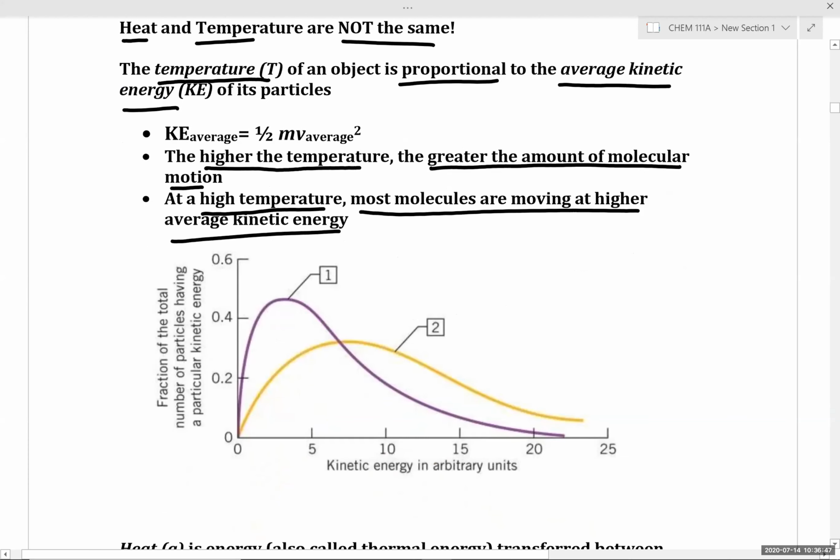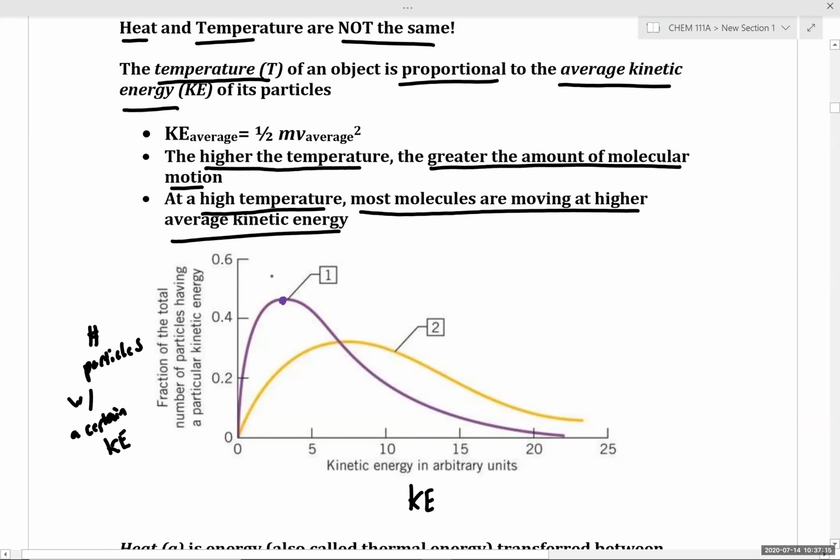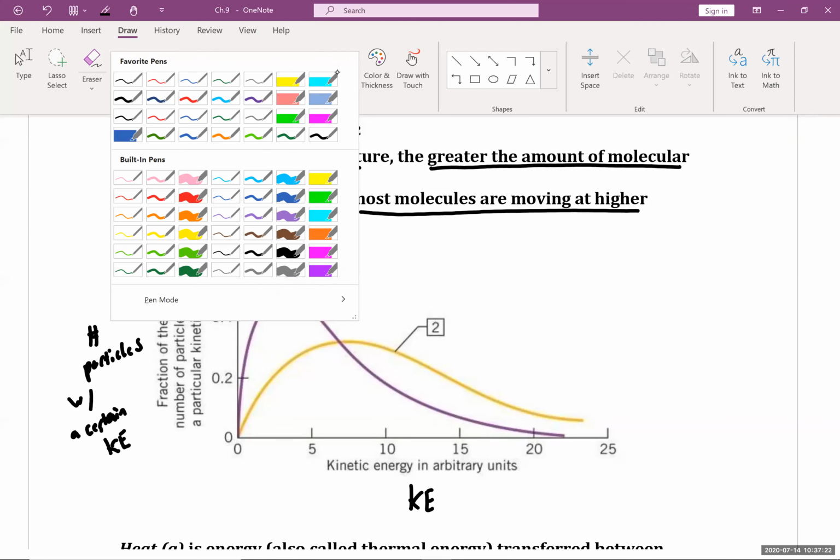So for example, if we look at a plot of kinetic energy versus number of particles with a certain kinetic energy, we can read from these plots, first and foremost, that the average kinetic energy is somewhere around the middle of the plot, of course, weighted.